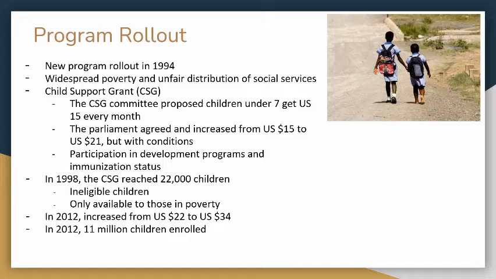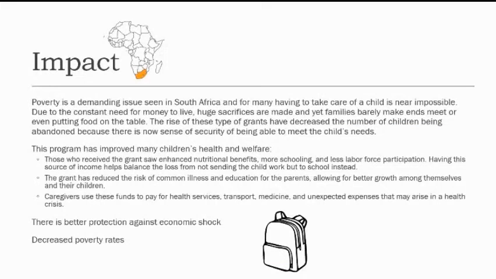In 2012, the government increased the transfer size from US $22 to US $34, which was a strong incentive for South Africans to enroll. By 2012, there were roughly 11 million children enrolled, equivalent to 75% of eligible South African children. South Africa's Child Support Grant has made a huge impact among its constituents.